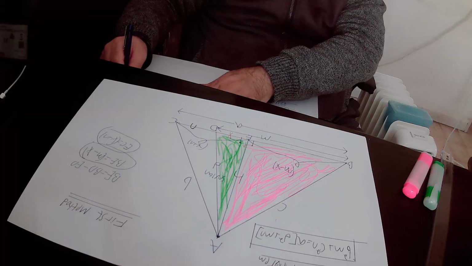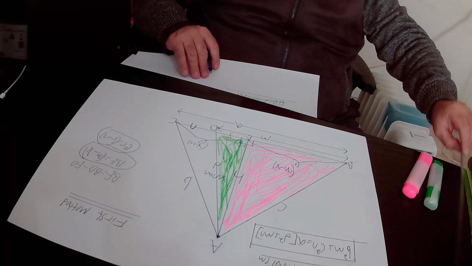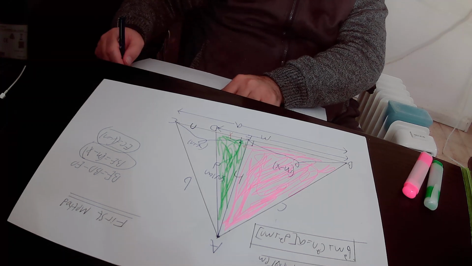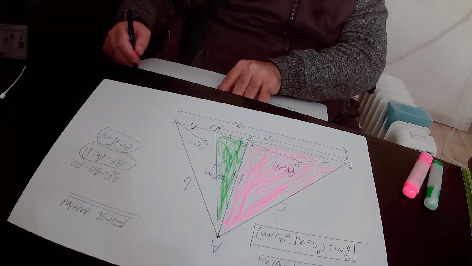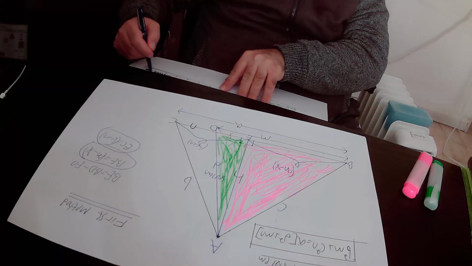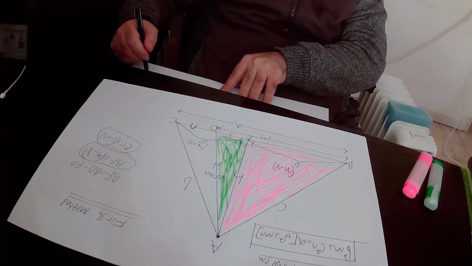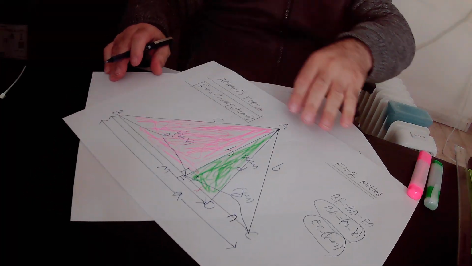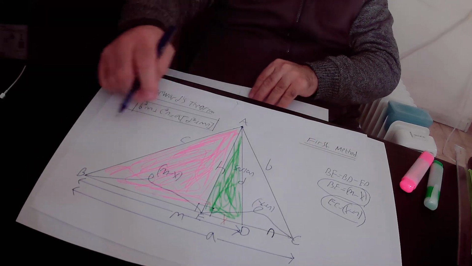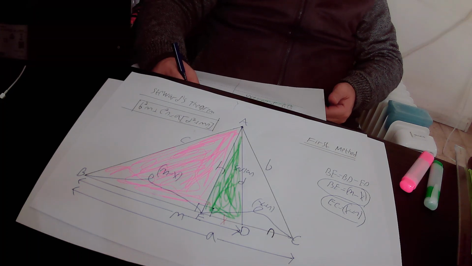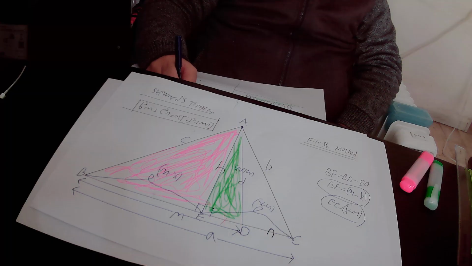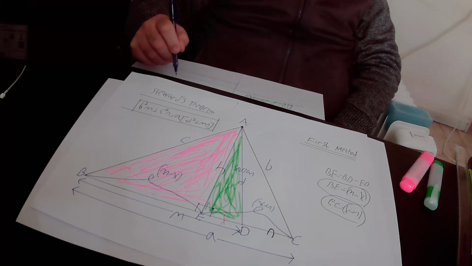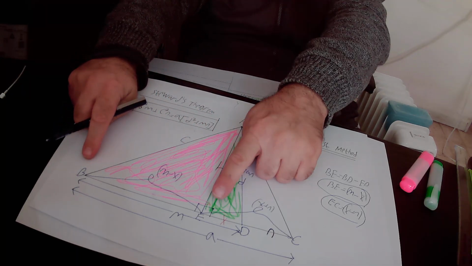According to the Pythagoras theorem on the right pink triangle AEB, AB squared equals AE squared plus BE squared.